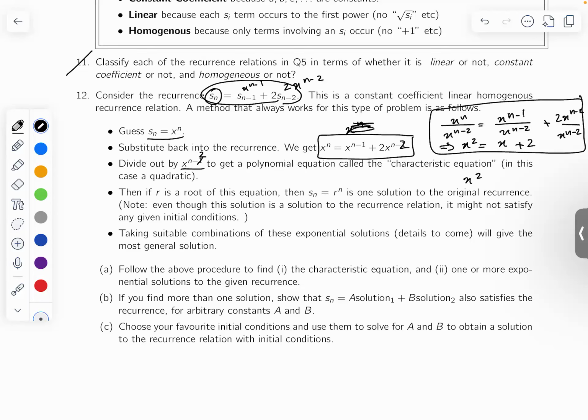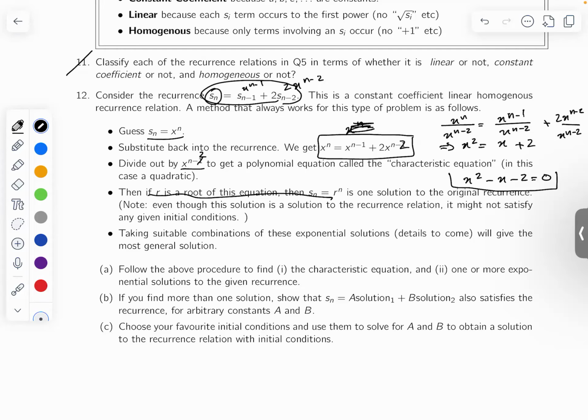So x squared minus x minus 2 equals 0. Did you understand up to this part? Do you have a question about this? X squared minus x minus 2 equals 0. You got it? All right.